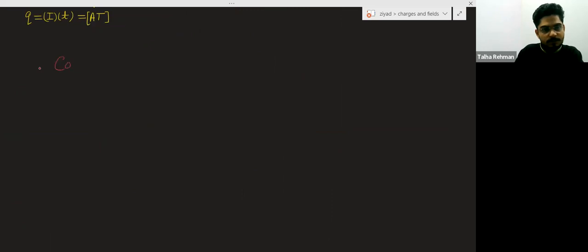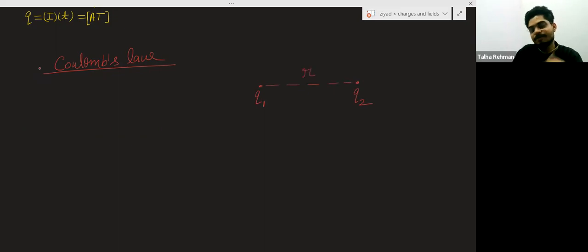Coulomb's law. What is the force by Coulomb's law? You can define it this way: Q1, Q2 separated by a distance r in some medium or in air. The force will be given by K Q1 Q2 divided by r square.